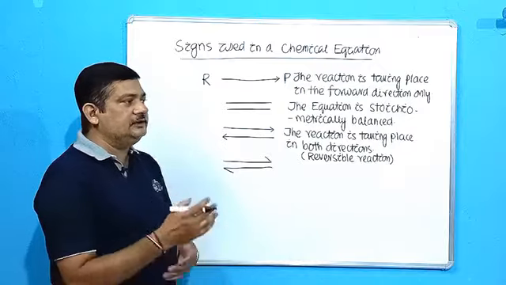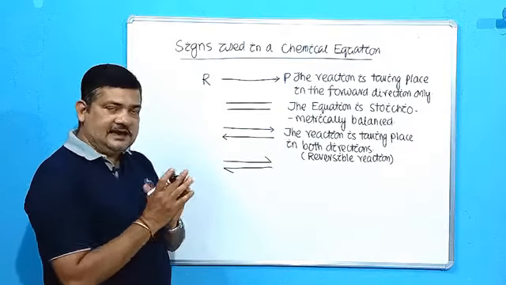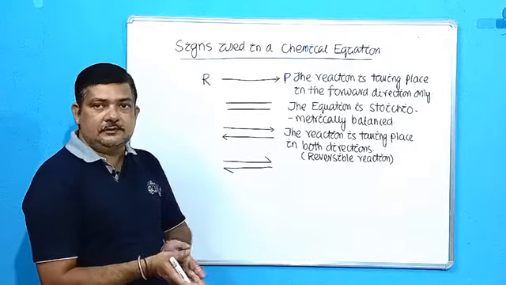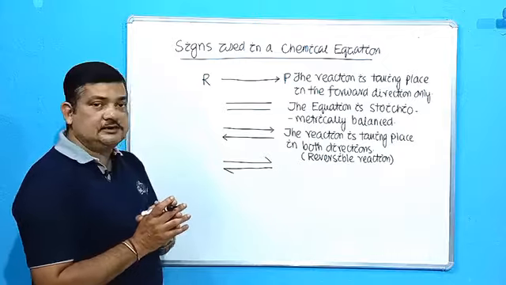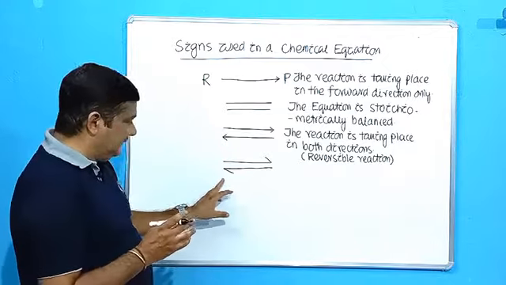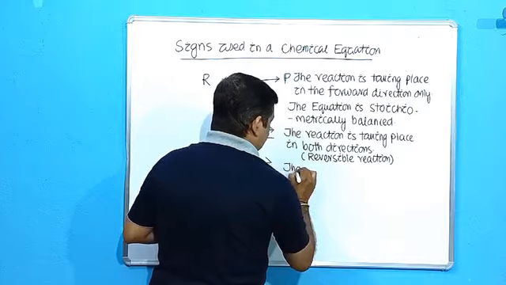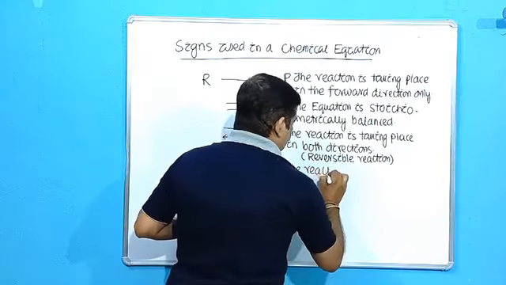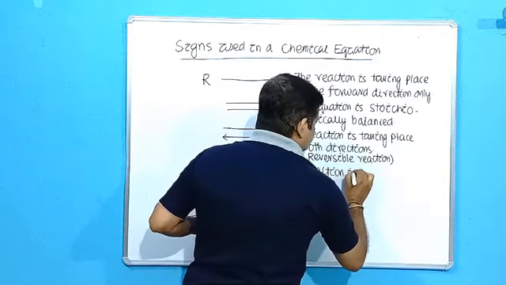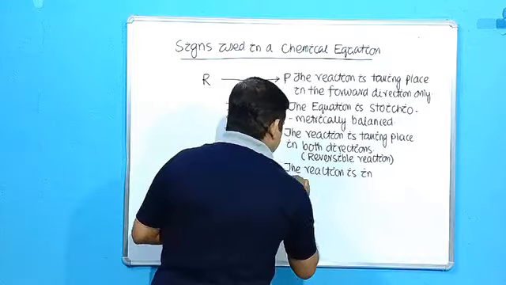So after taking place in both directions, what happens? Now the rate of forward direction becomes equal to rate of backward direction. That is called equilibrium. So this half arrow means the reaction is in equilibrium.